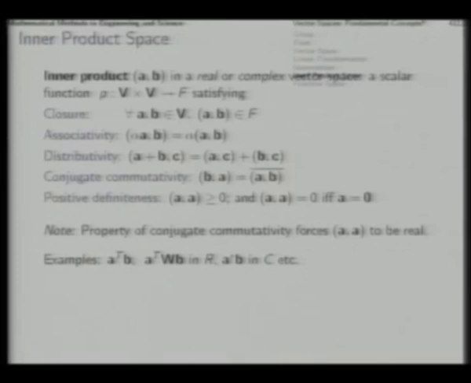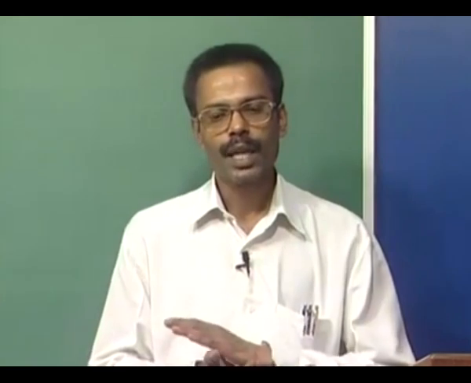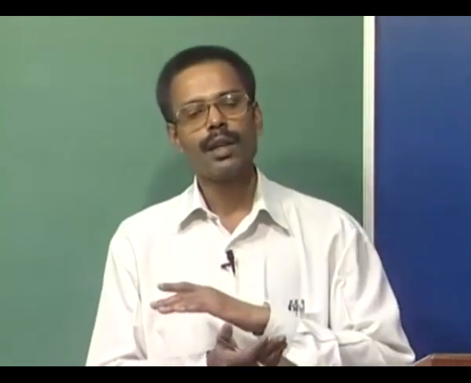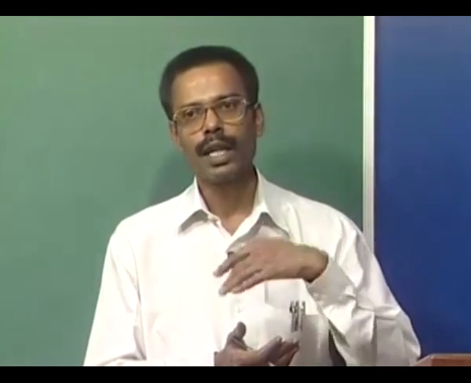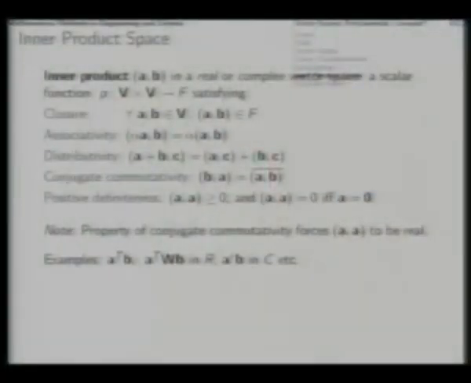So, till now we have found a lot of geometric ideas in the algebraic description of the vector space, and now we bring in another idea from geometry into the algebraic representation, and that is the idea of directions and angles, and that we get from the definition of inner product.